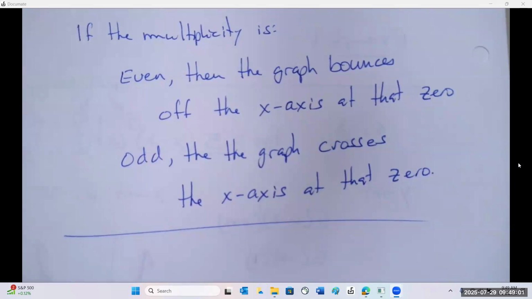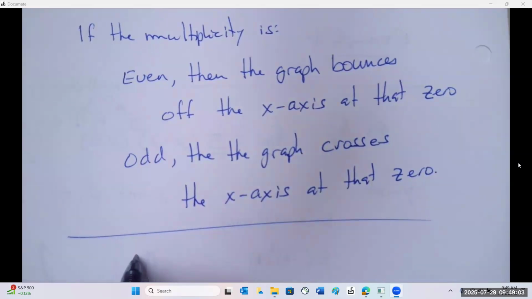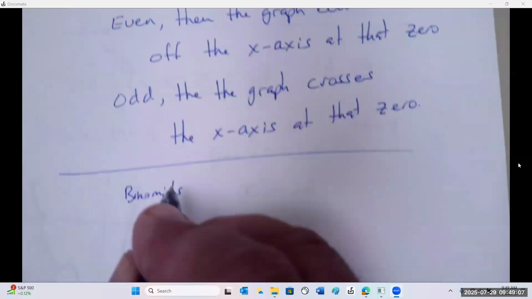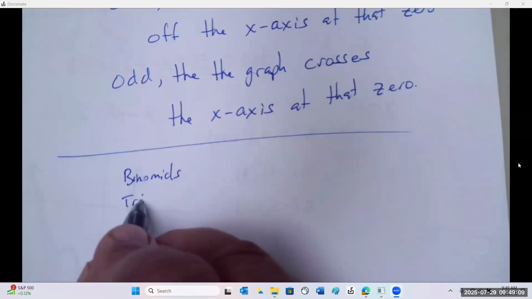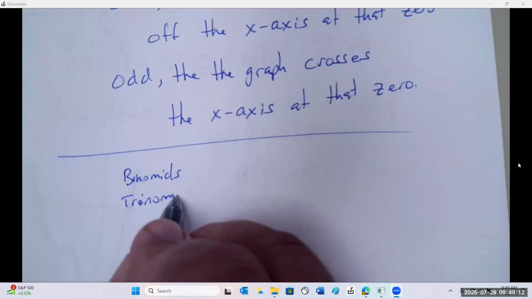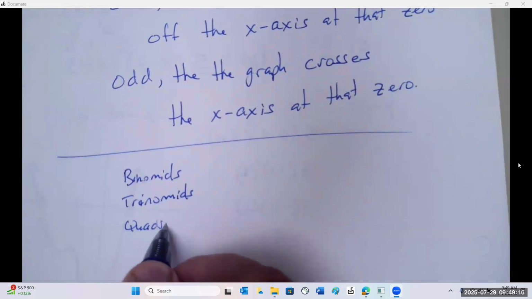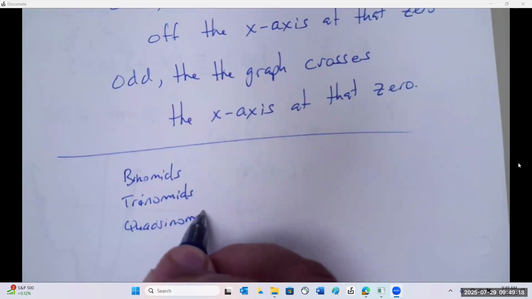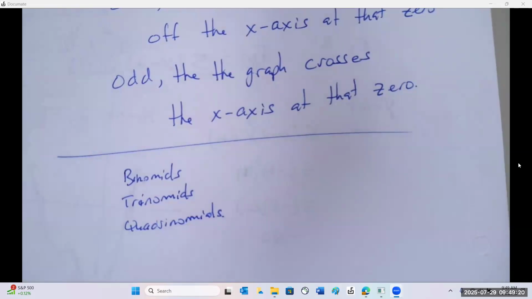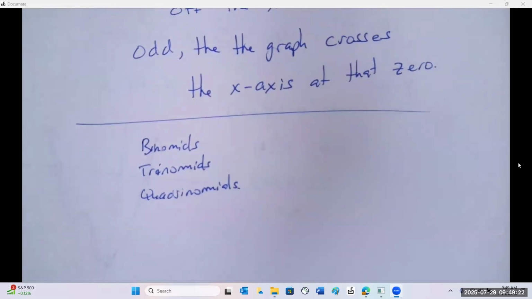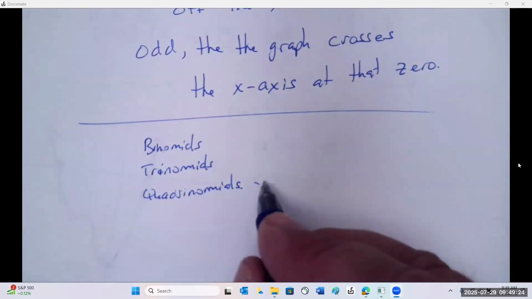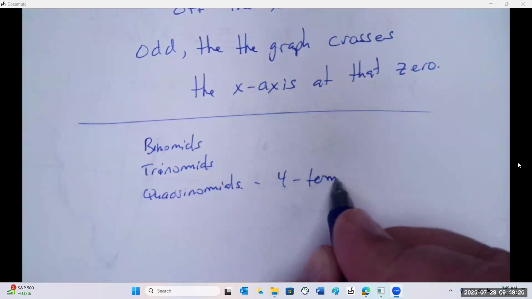We've learned to factor binomials. We've learned to factor trinomials. Now we're going to learn a method that sometimes works with quadrinomials, in other words, equations with 4 terms.